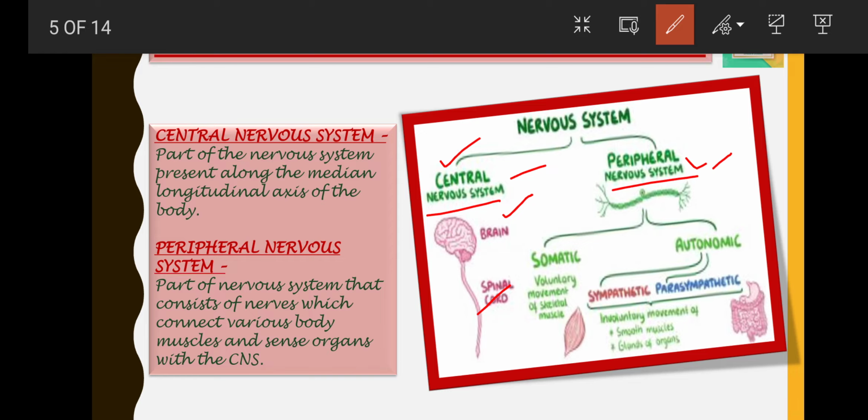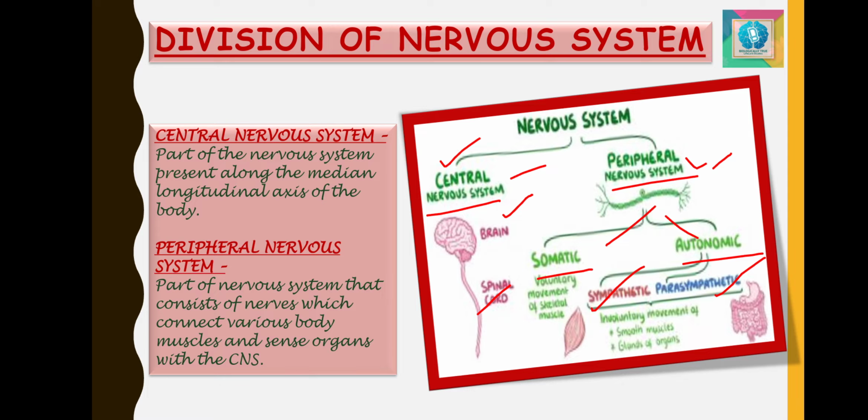This peripheral nervous system is further divided into two as somatic and autonomic nervous system. The autonomic nervous system is further divided as sympathetic and parasympathetic. Now in the further slides we are going to discuss the division of the nervous system. So let's move on to the next slide.